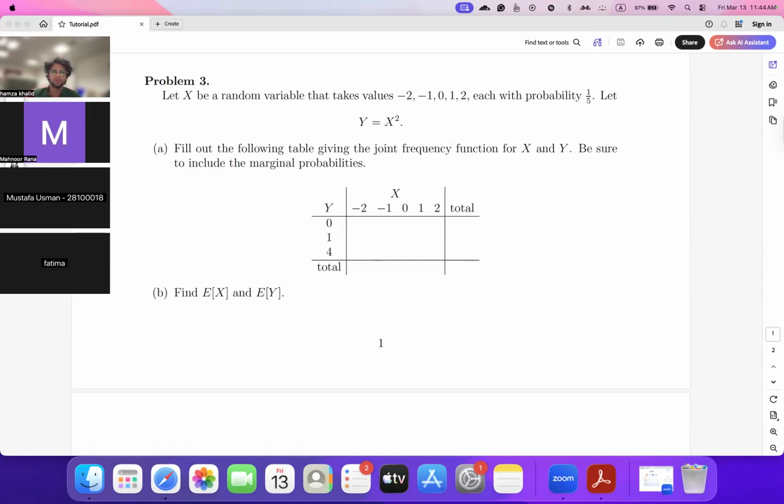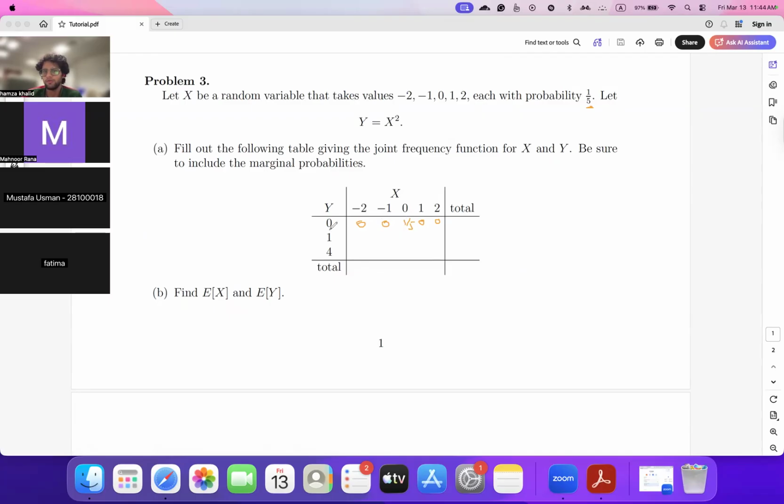When X is -2, what is the probability that Y equals 0? It's 0, right? So you have a 0 here and a 0 here. What is this? This will be 1 by 5. Then X equals 1 and Y equals 0. Well, that's just 0, because Y can only take on the value 0 with probability 1 by 5.